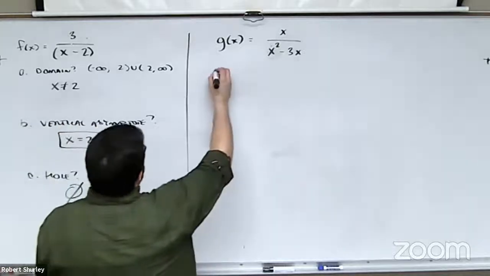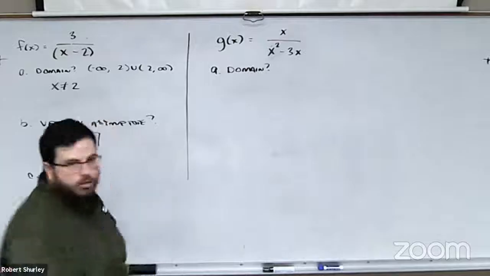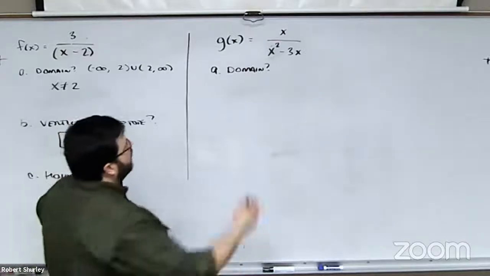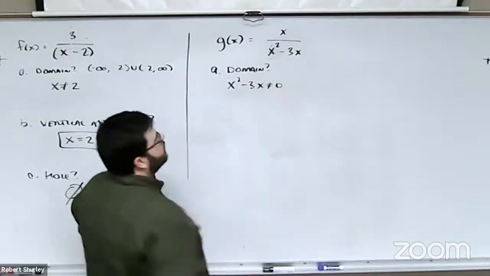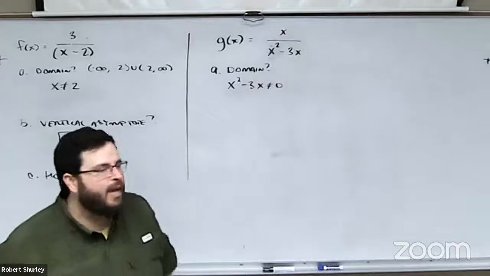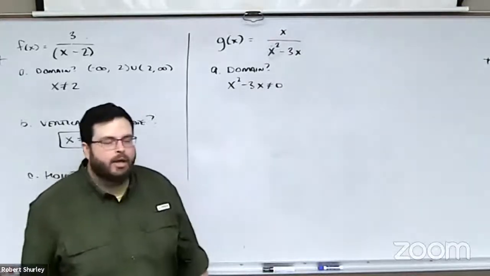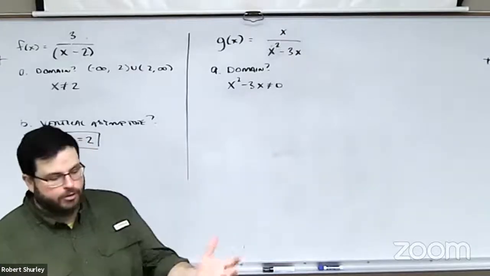So remember, the first question on these rationals is going to be, what's the domain? Well, we set that denominator not equal to 0, and we solve it. Now, what's nice is if the denominator factors, we're going to do it now, okay? So you'll see what the denominator factor will be right after this first step.